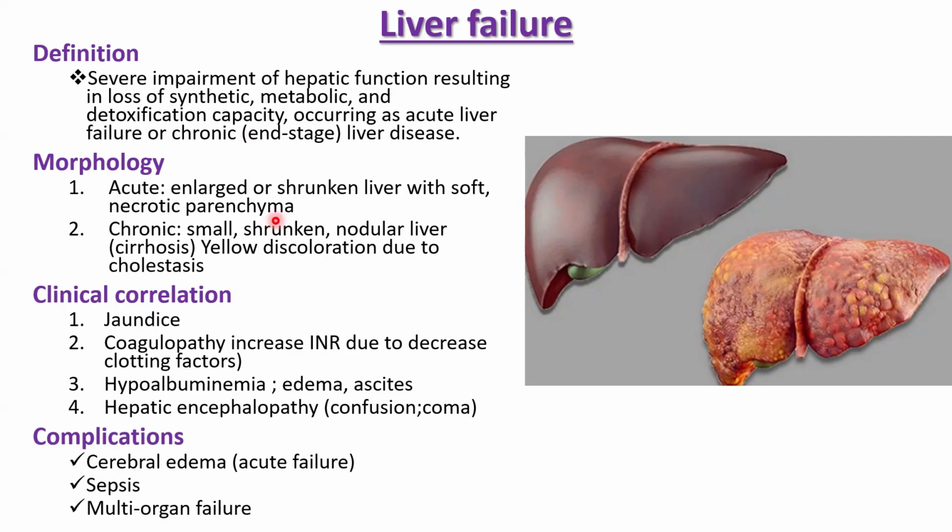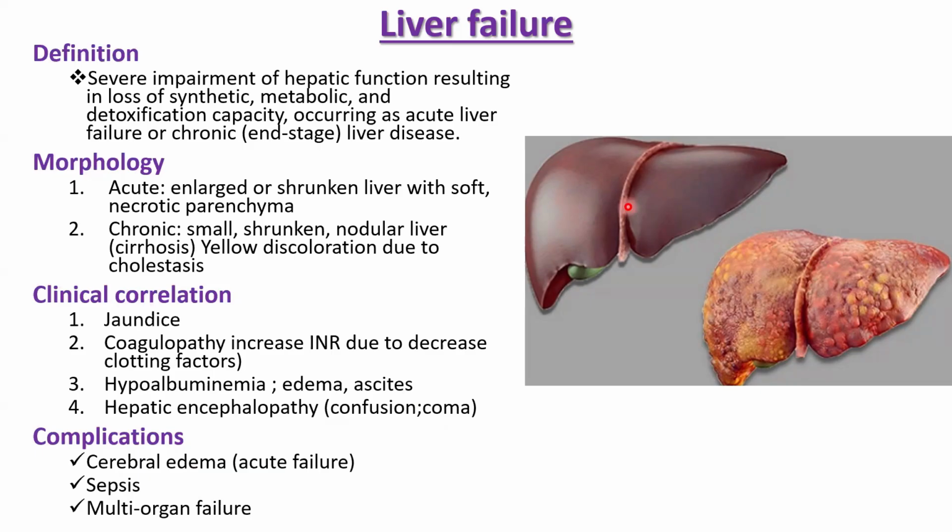So if the ammonia, the urea in the body increases, the person will have hepatic encephalopathy, with confusion, coma, seizures, and loss of consciousness. It can lead to cerebral edema, that is the brain having edema, and to sepsis and multi-organ failure. So liver failure can lead to heart failure and kidney failure.